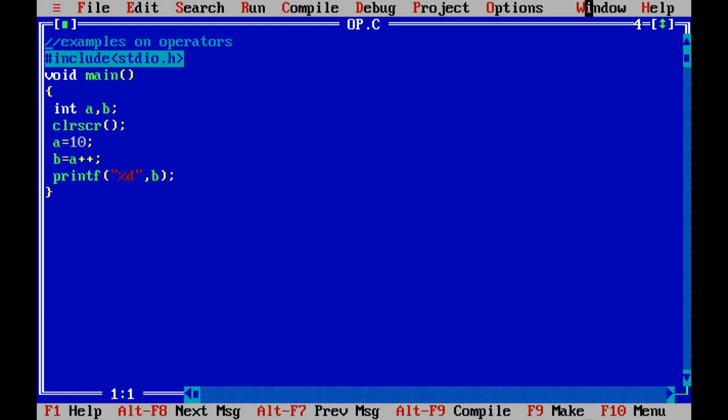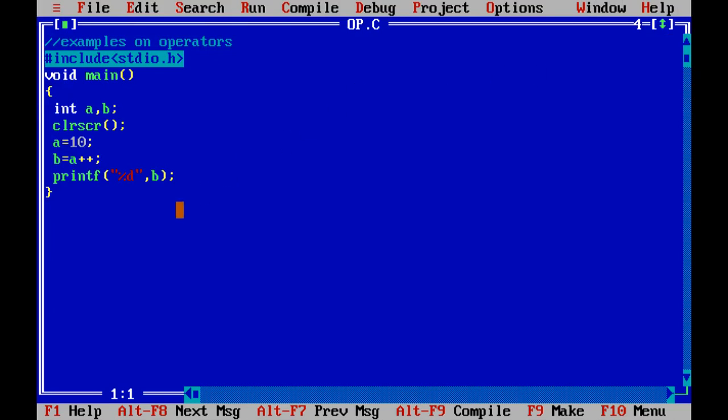Observe this program. int a, b, clear screen, a equals 10, b equals a plus plus. The output is 10.